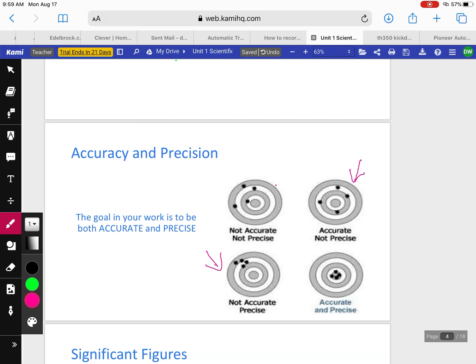You are getting the arrow in the same spot over and over again, but you're not at your desired target. And then if you look at the very last one, it is both accurate and precise. That's what we're going to try to be when we are doing things in the lab. We're going to try to be accurate and precise.